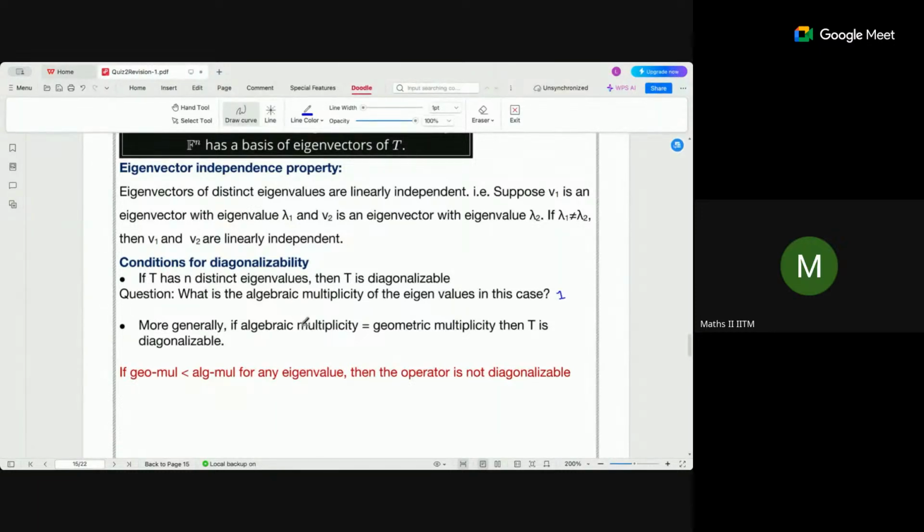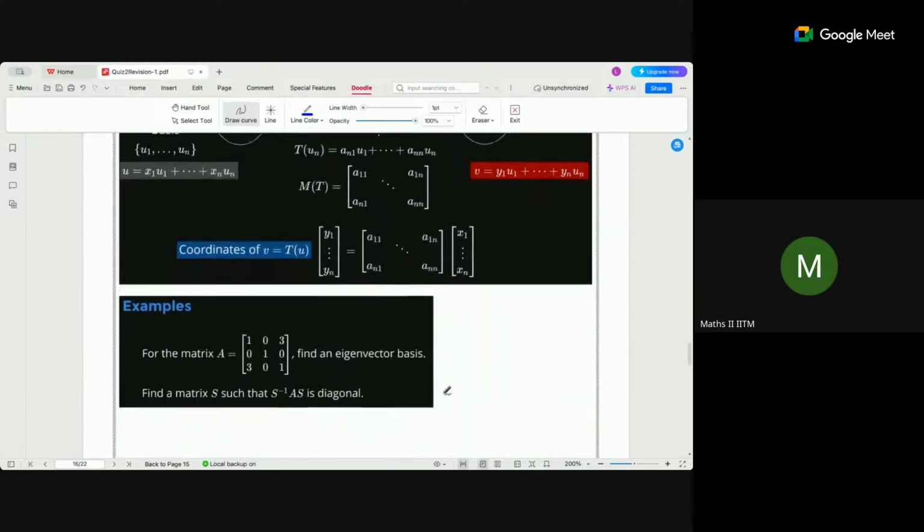More generally, if algebraic multiplicity equals geometric multiplicity, then T is diagonalizable. If geometric multiplicity is less than algebraic multiplicity for any eigenvalue, then the operator is not diagonalizable. These are the very basics of diagonalizability.